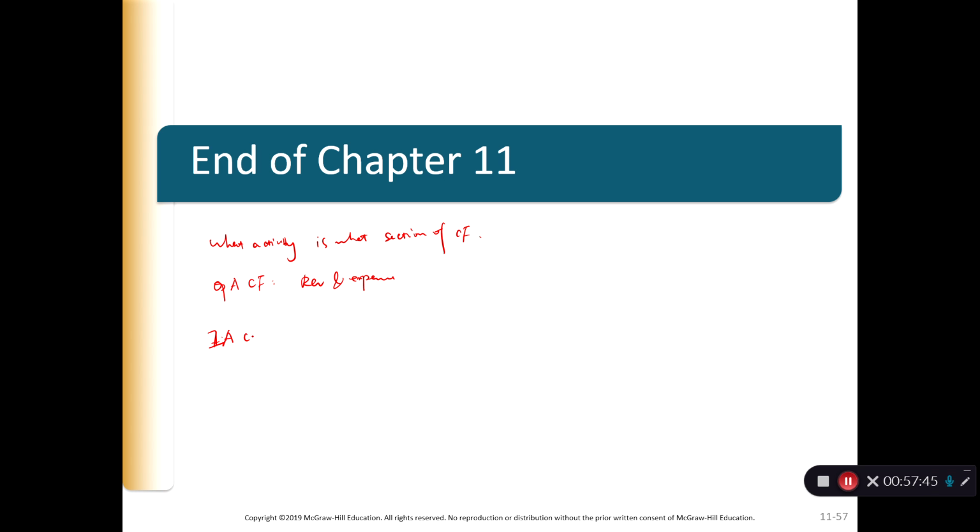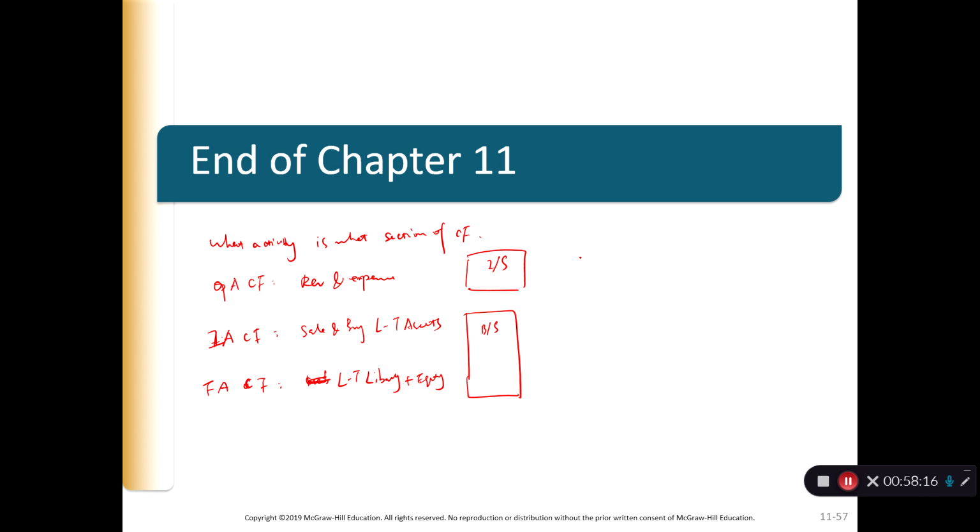Investing activity cash flow involves selling and buying long-term assets. And financing activity cash flow involves bank creditors, long-term liability and the equity section, right? Therefore, the income statement and balance sheet each have their own function in terms of reconciling the cash flow statement.